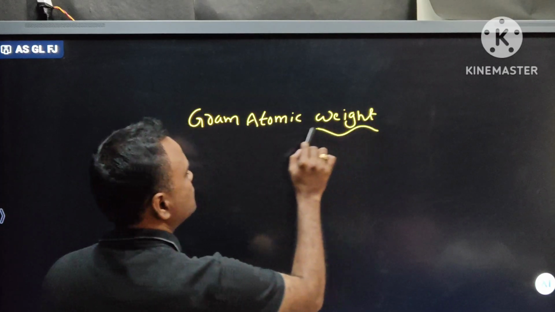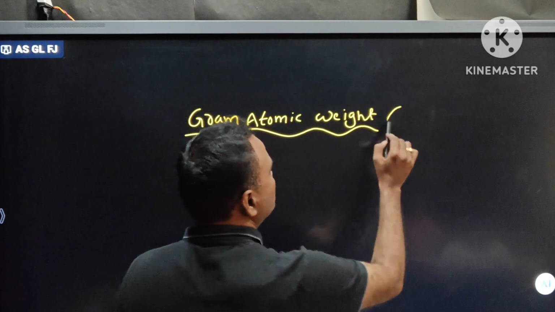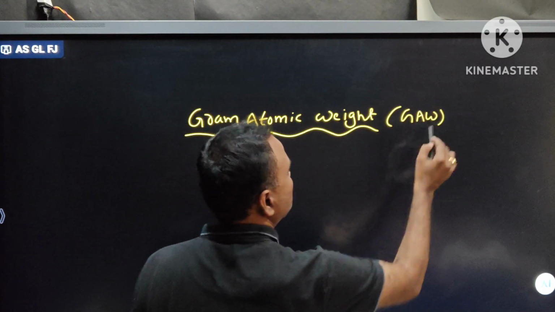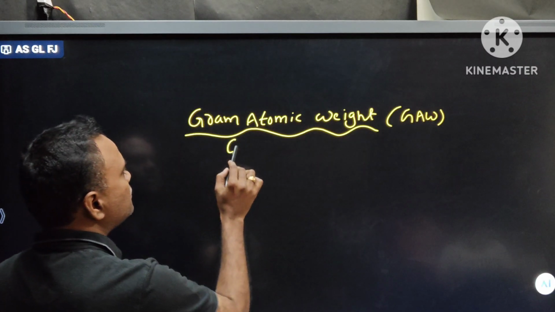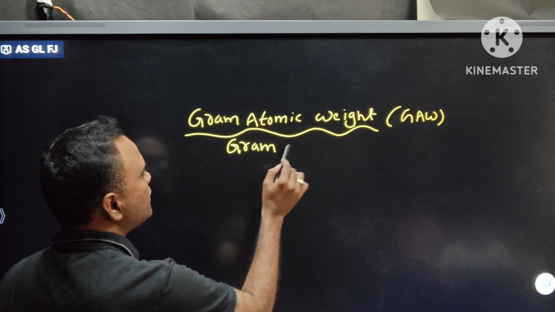Gram atomic weight. Within the bracket write GAW, gram atomic weight, also represented as gram atom.